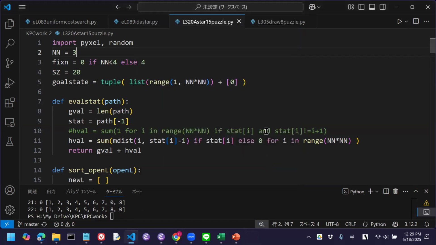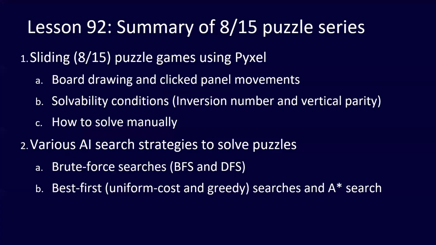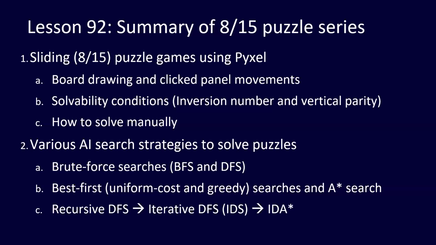Okay, but then we thought that this is not good enough for solving 15 puzzles. So as a preparation to implement IDA star, we first implemented recursive depth first search, then iterative deepening depth first search, and then implemented IDA star search.